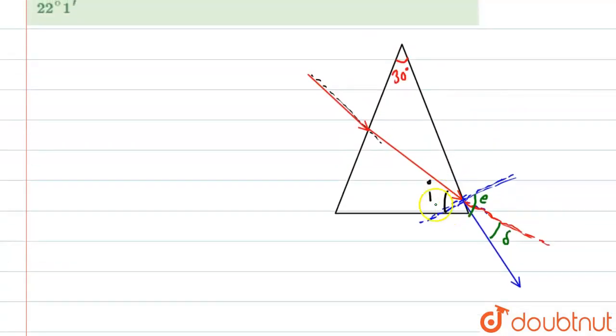Now we will find this angle I. If we see this triangle, it is a right angle triangle. Why? Because this ray is coming at a 90-degree angle, so this will be 90 degrees.